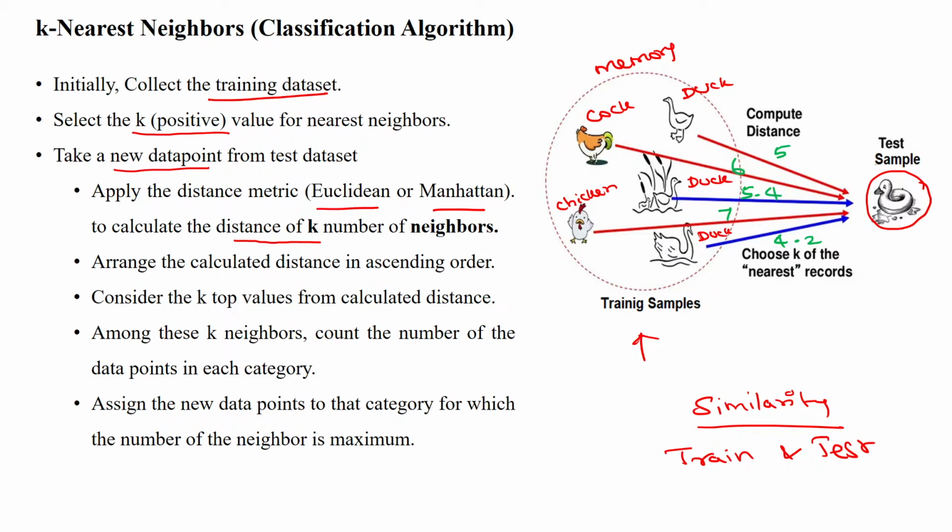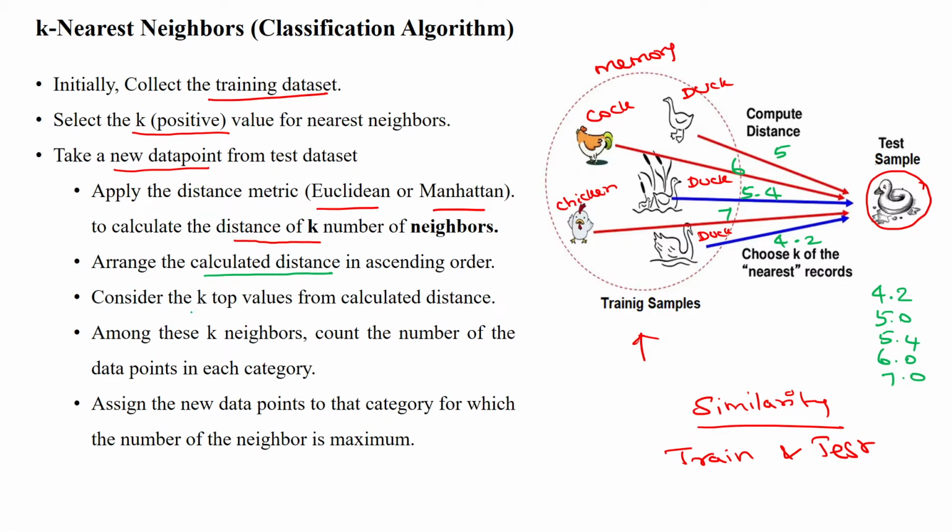So we got the distance value between each and every training sample and the testing sample. After that we have to arrange the distance values in ascending order. So here 4.2 is the minimum value, then 5, then 5.4, then 6.0, 7.0.